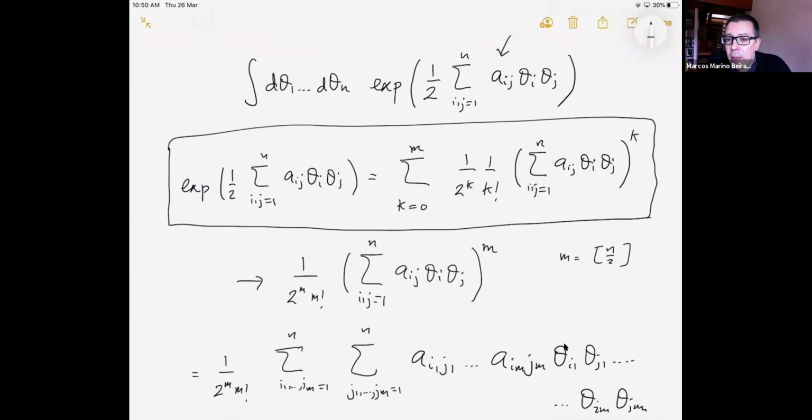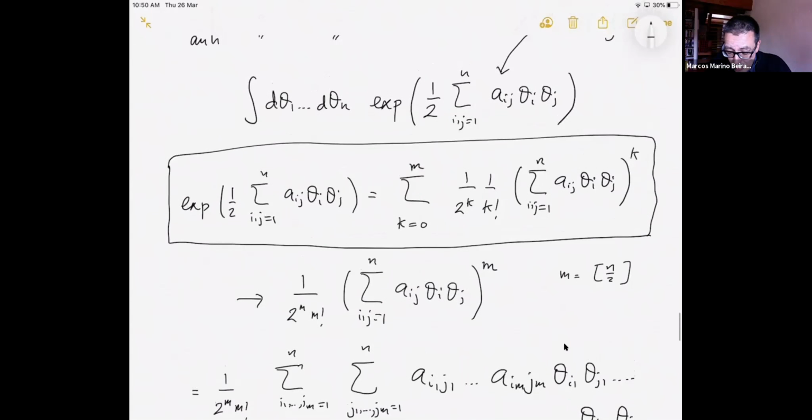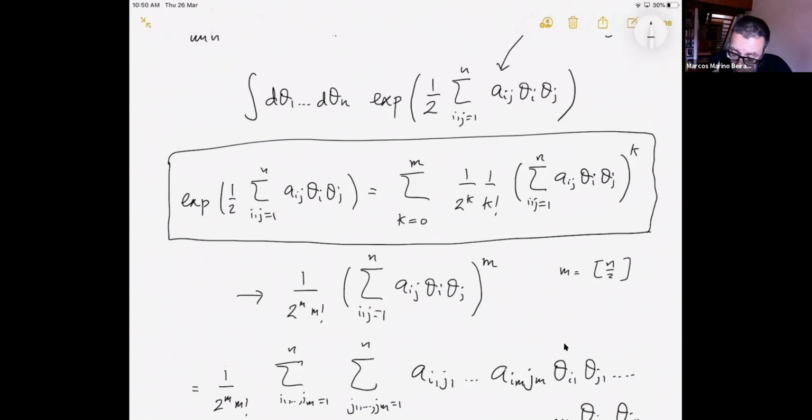Now, as you will see also in the exercise, the most common situation is that you have complex Grassmann variables, and then they come in pairs. That's in a sense the most typical situation in quantum theory. But you also can have real Grassmann variables, in which you can have odd or even numbers. And this is not trivial. The fact that an odd number of Grassmann variables has special properties is really a pervasive fact of Grassmann theory.